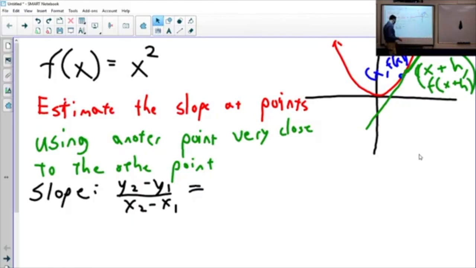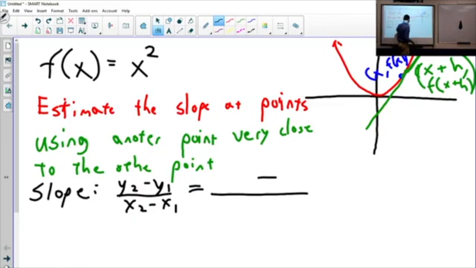So for the slope formula, we are going to subtract the y-coordinates over subtract the x-coordinates. Here we go. Our y-coordinate of the green point is f of x plus h. That little nudge to the right.